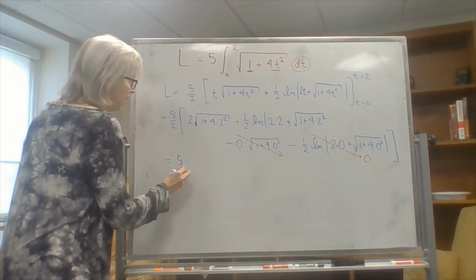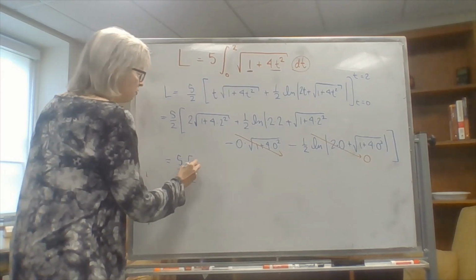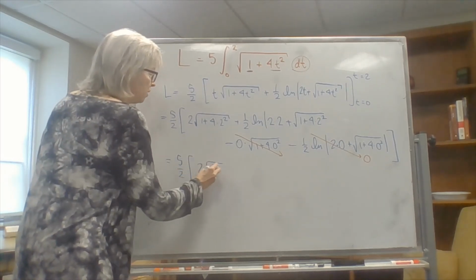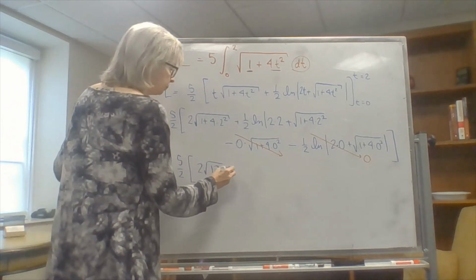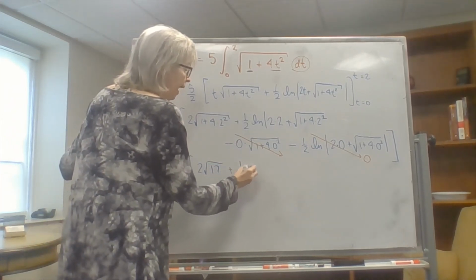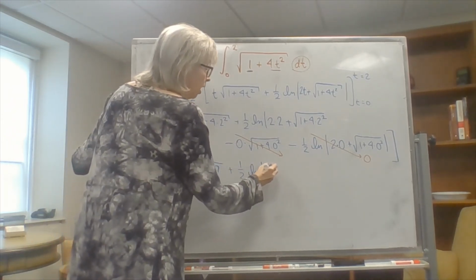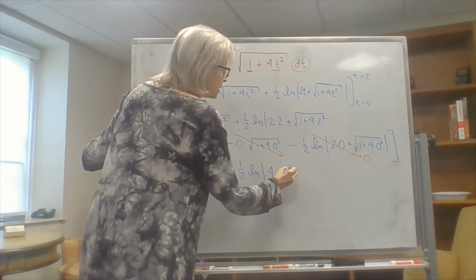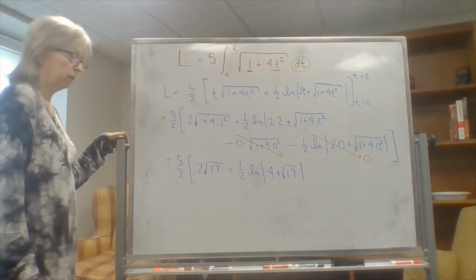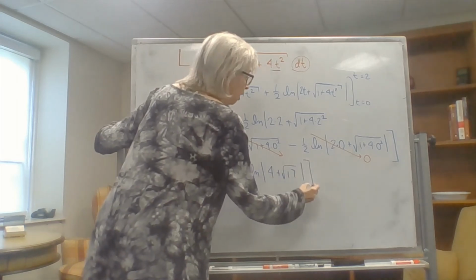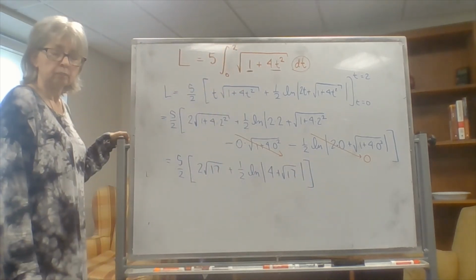I got my 5/2. I have my 2 square roots of 17 right here. And then a 1/2 natural log of 4 plus the square root of 17 right there. Close it off, and I'm done.